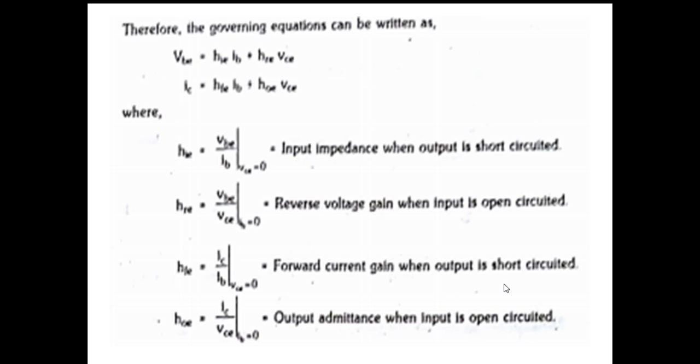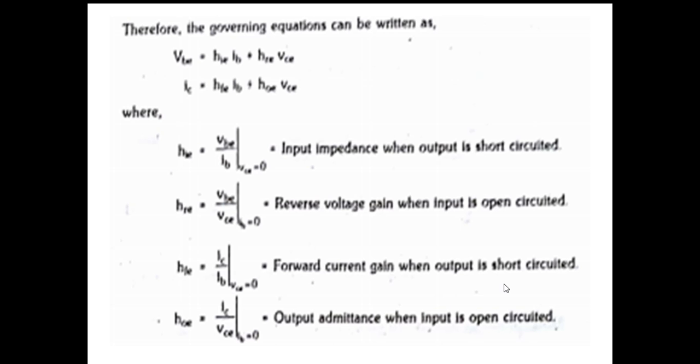HIE is the input impedance, HRE is the reverse voltage gain, HFE is the forward current gain, and HOE is the output admittance. So, the input impedance is defined as input voltage by input current, that is VBE by IB, when output voltage is short circuited, output voltage is equal to 0.